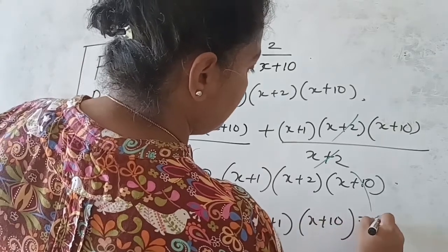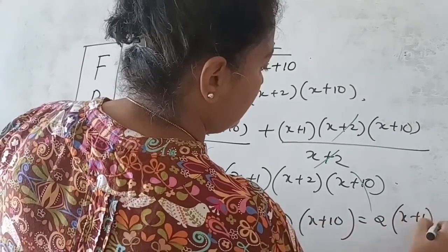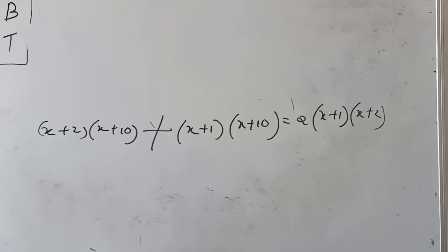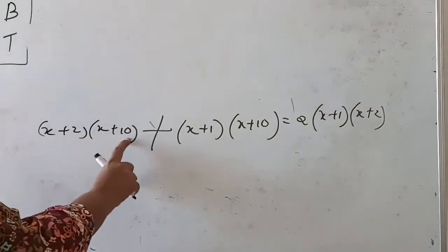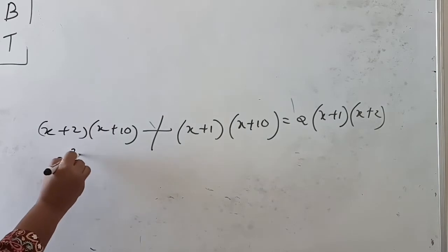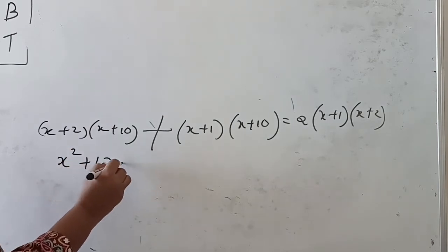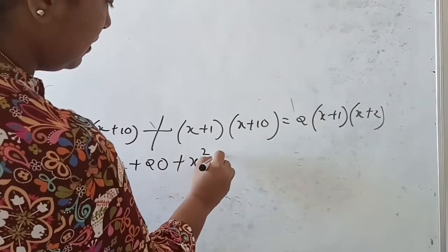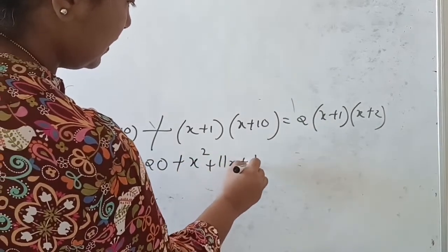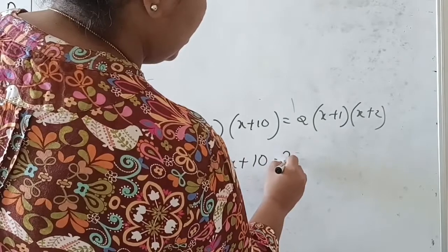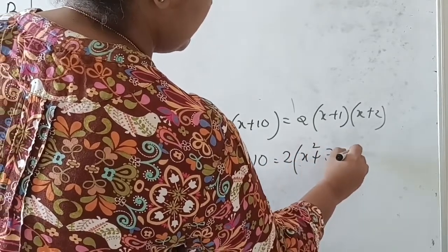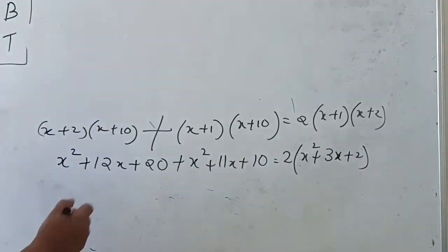And my RHS is 2 into x plus 1 into x plus 2. Let me open up the bracket. X square plus 12x plus 20 plus x square plus 11x plus 10 is equal to 2 into x square plus 3x plus 2. Right?